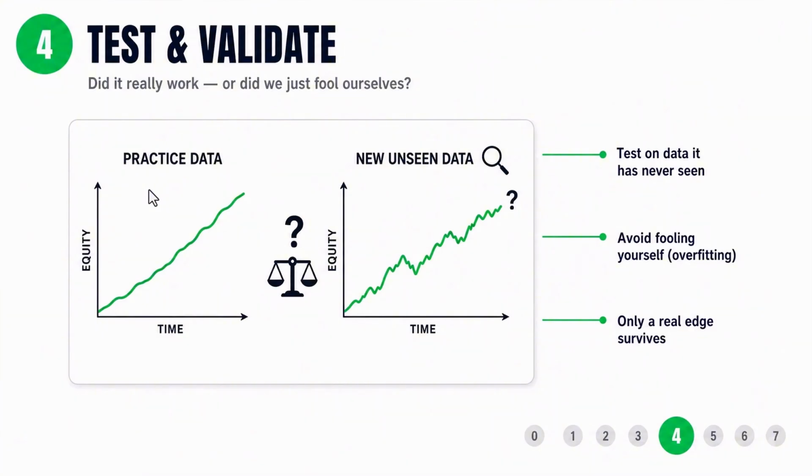So we start fine-tuning that strategy, adding conditions, removing conditions, adding indicators, but we're only gonna use the practice data, the first 3 years. So we're not cherry-picking the winners and trying to eliminate the losers. Okay, that's overfitting. We're gonna discuss that later on. So after we are happy, let's say that that 30% win rate went all the way to 50% win rate on that practice data, which is the first 3 years, and the equity curve is beautiful and it's actually making money.